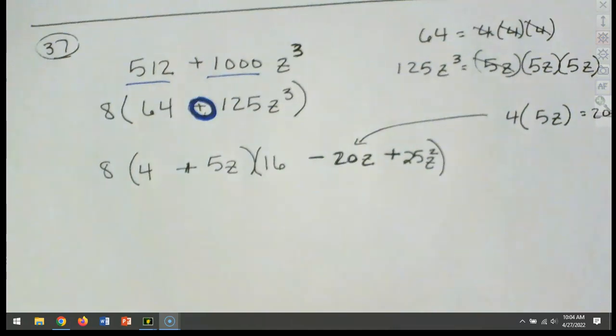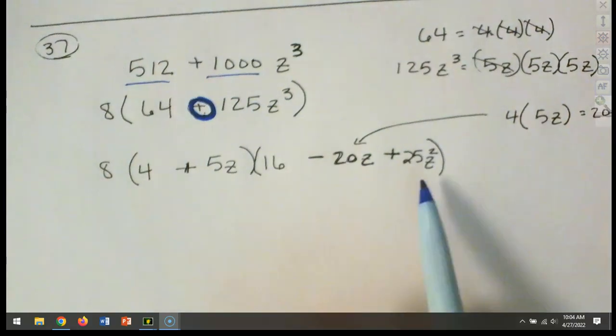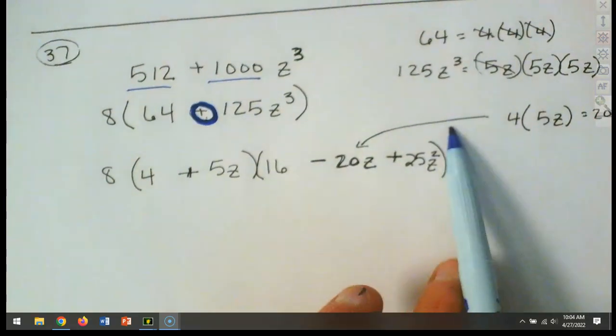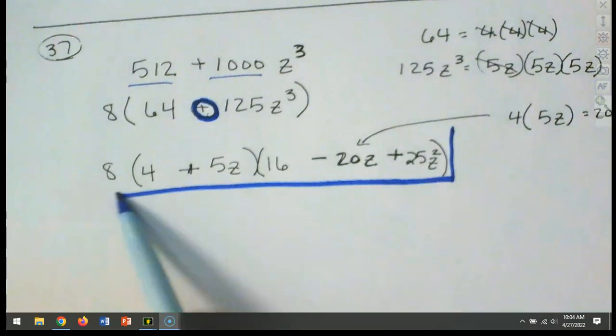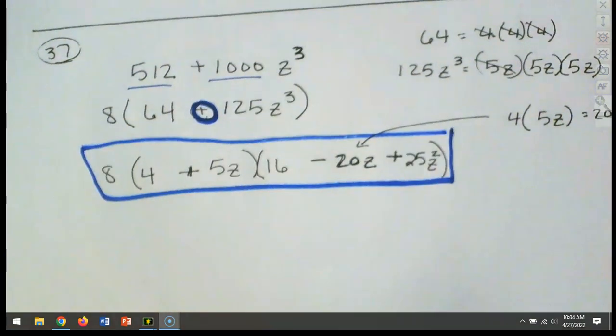So that's going to be our final finished answer on that. And whatever comes off the cube will never go any further. So you never have to worry about trying to factor out that trinomial anymore because it came off of a cube.